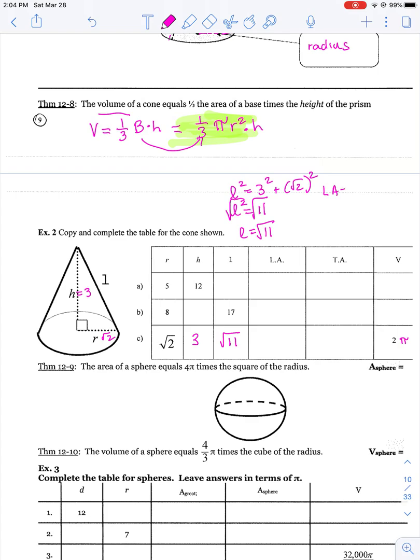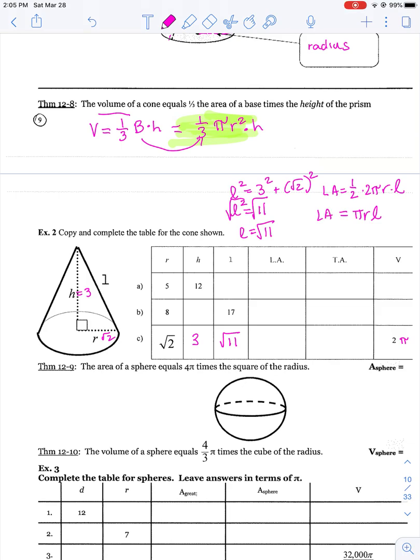Okay, so now to finish off the information here, we have lateral area is equal to 1/2 times pi r L, or in which case when we were simplifying, we got 1/2 times 2 pi r times L. We simplified that to be just pi r L. So this is the formula that I'm going to start with.